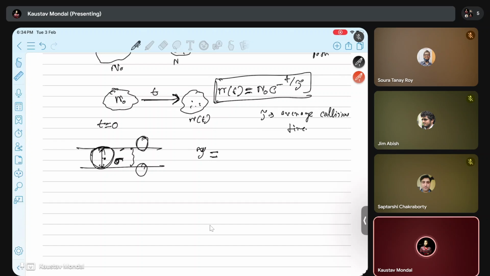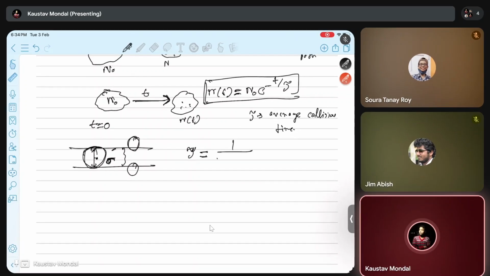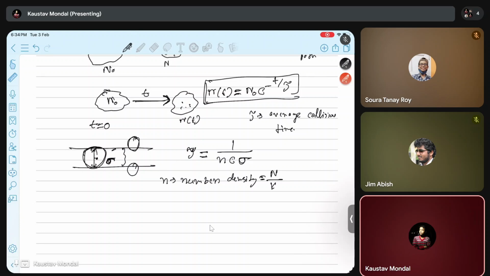The relation is given by tau equal to 1 by n c sigma, where n is the number density, not normal density. Number density is the total number of gas molecules in the container divided by the volume, and c is the speed of the molecule.